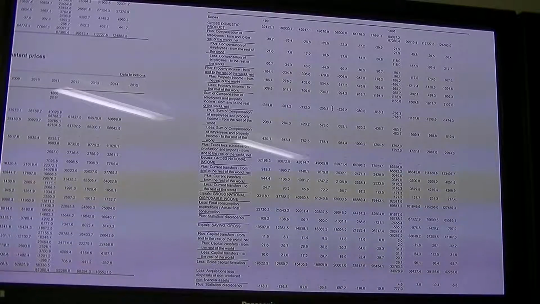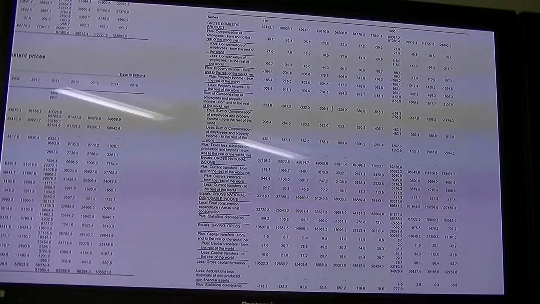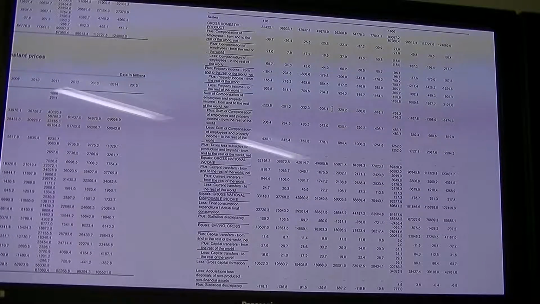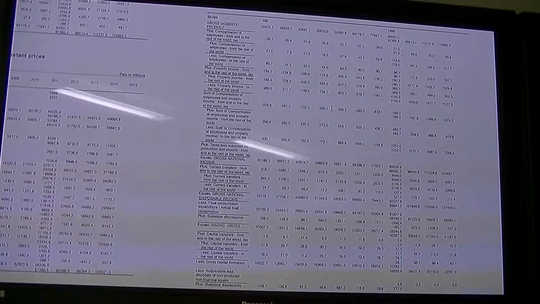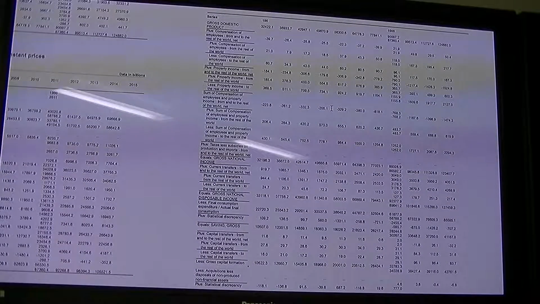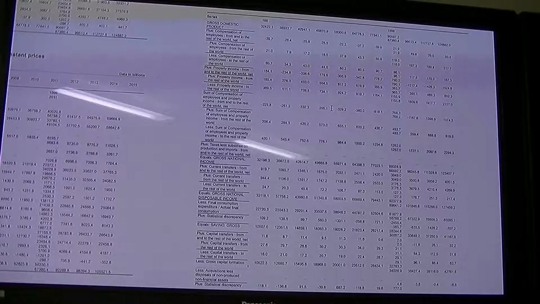I wanted to look at data for India on the labor market. So I went to the Indian government websites on the labor market, and they've got lots of sectors. They'll give you employment numbers, and the numbers don't make any sense.